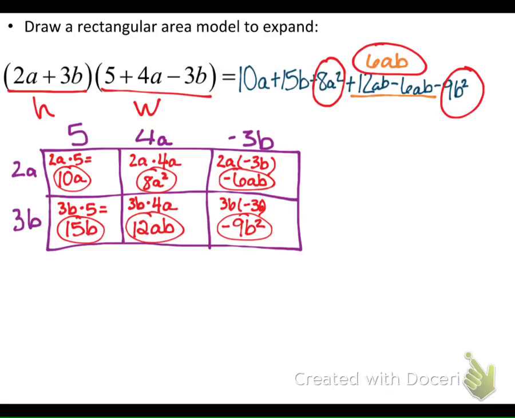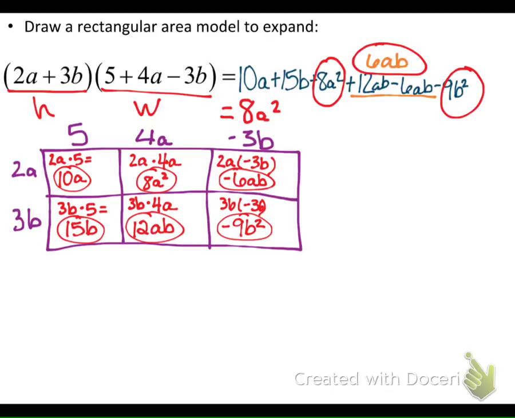So if I'm just looking at these 3, which one is going in alphabetical order first? Quanisha, can you help me? Yes. 8A squared plus, which one's going to go next?